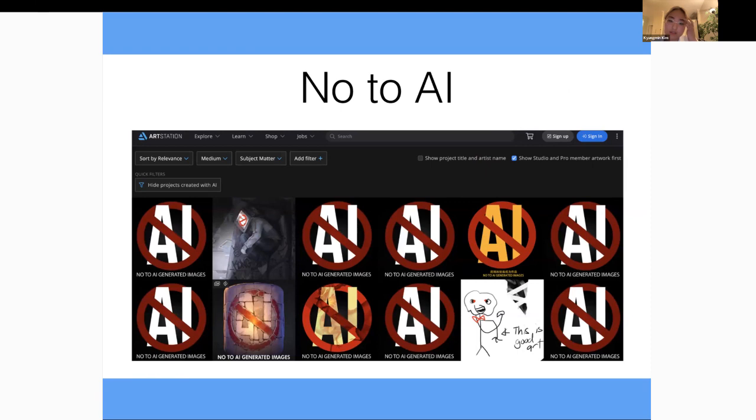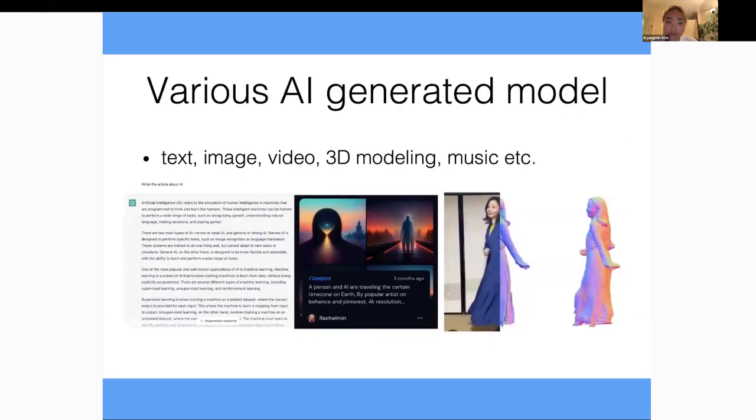In this study, we focused on a positive direction toward the use of AI generating models. Through New Era, which consists of the product of an AI image generation model, we seek to discuss AI art. There are a lot of generating models. AI can be applied to text, image, videos, 3D modeling, music, and so on.